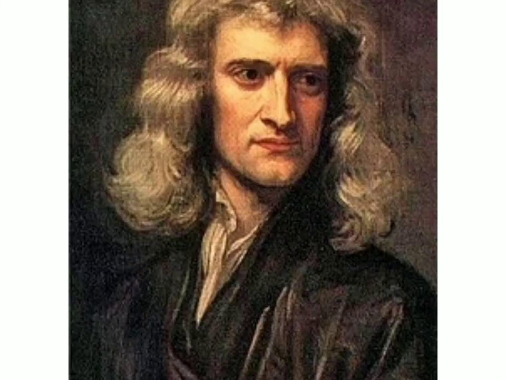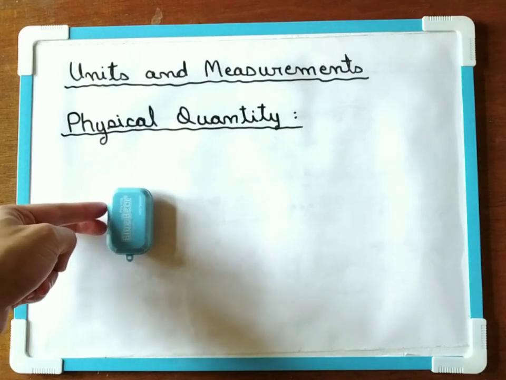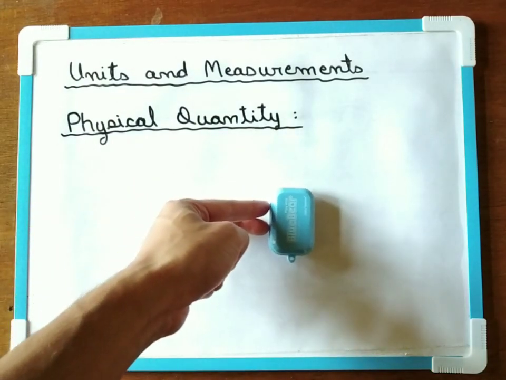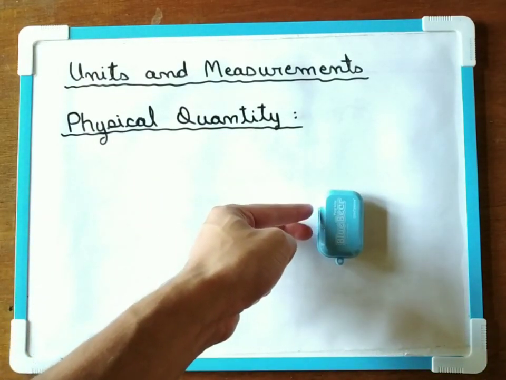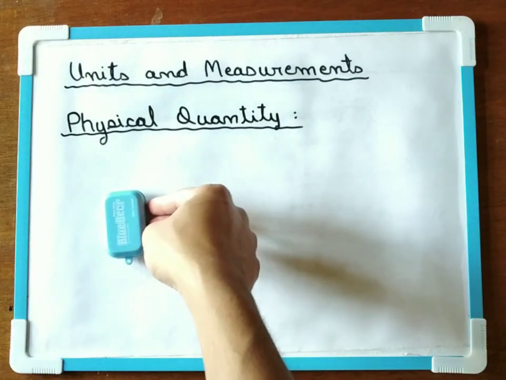Now, according to Sir Isaac Newton, a body will remain in a state of rest or of uniform motion unless acted upon by an external force. So this body will be in a state of rest unless I apply an external force, and then this body will be in a state of motion. So if I apply a force in this direction again, it will be in a state of motion.